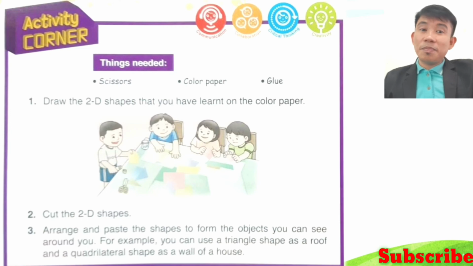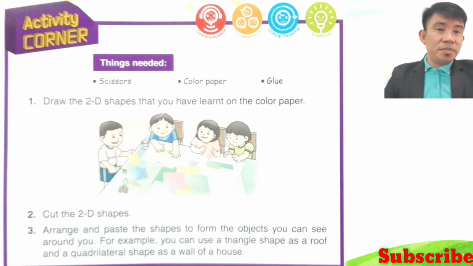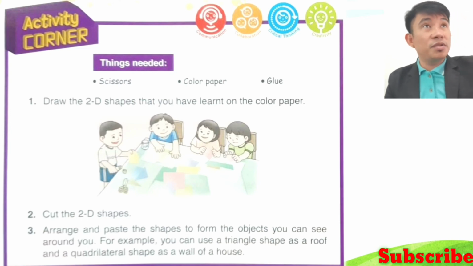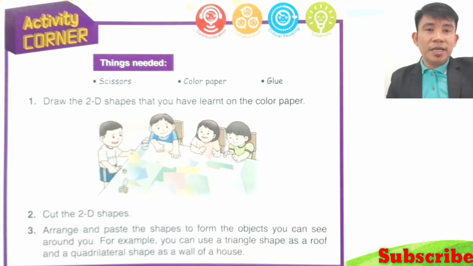Let's say for example, you can arrange and paste the shapes to form the objects you can see around you. Let's say for example, you can see a triangle shape. What shape can you see? Like a roof, right? So a roof and a quadrilateral. Maybe the quadrilateral that you want to use is a square. So triangle and square can form a house.